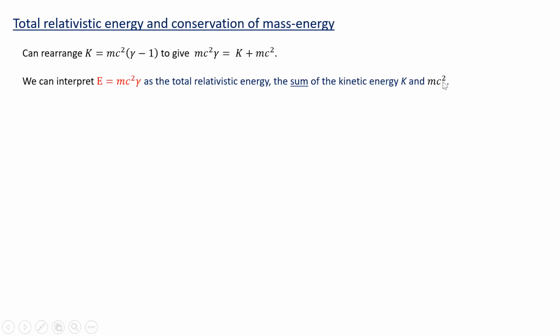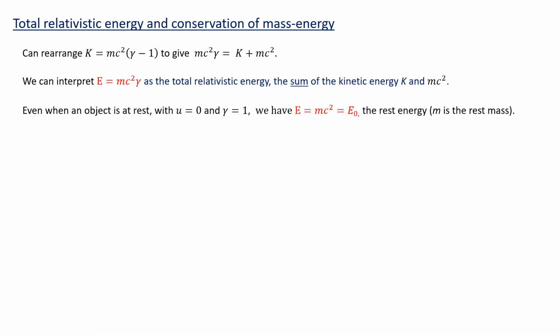But what is this mc squared? Well, if the kinetic energy is zero, the object's not moving, it must be an energy that's just associated with the mass. So even when an object is at rest with u equals 0 and gamma equal 1, we have E equals mc squared. That's the famous formula that Einstein came up with.